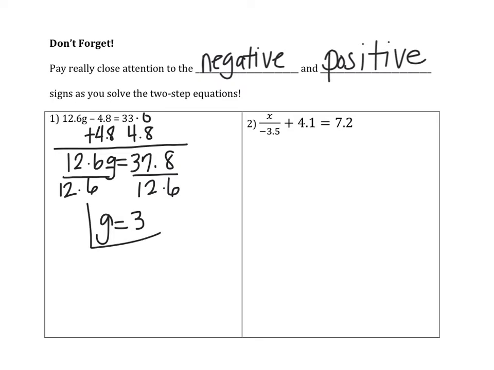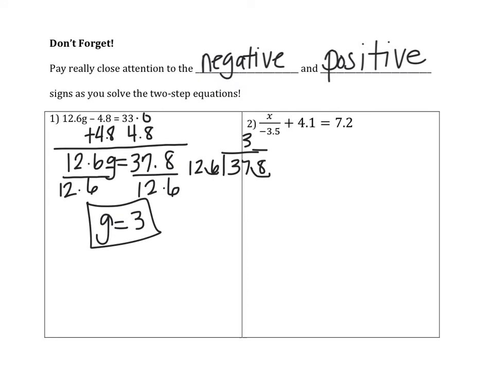And just as a reminder, how to divide this out, it would be 12.6 divided into 37.8. We want to move this decimal place over 1 and this one over 1, and then do that division. And when we do that, it's going to come up with 3.